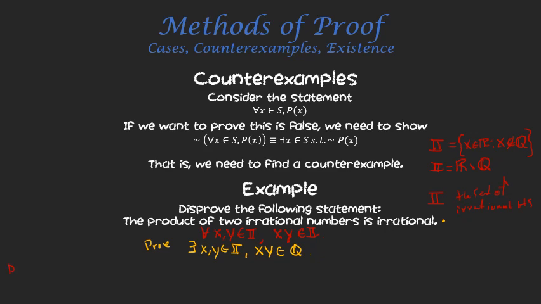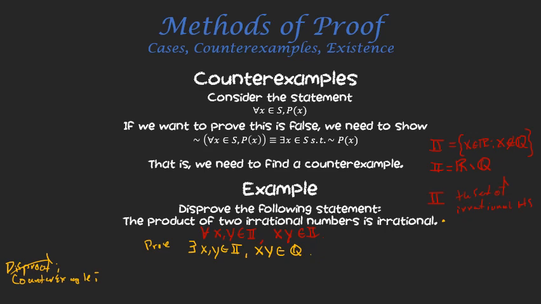So I'll write here maybe, disprove. Or maybe we'll say something like, counterexample. So can you think of two irrational numbers, two numbers that aren't rational? We don't have a lot of examples of those, right?